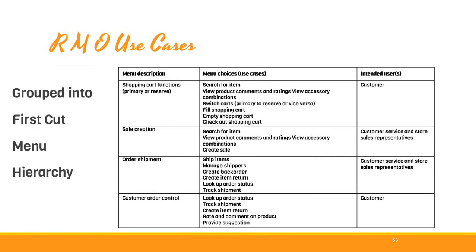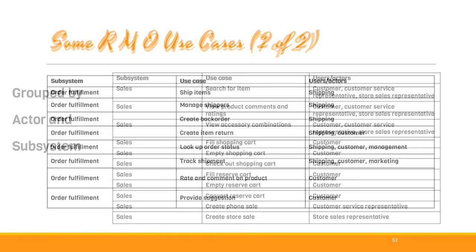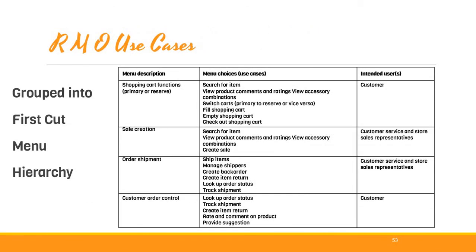And this table here shows the use cases in this example grouped into 4 menus. So here we have shopping cart, sales creation, order shipment, and customer order control.